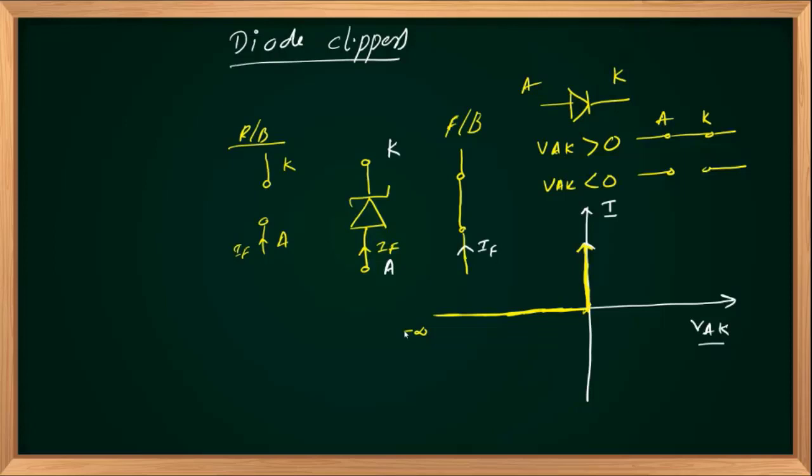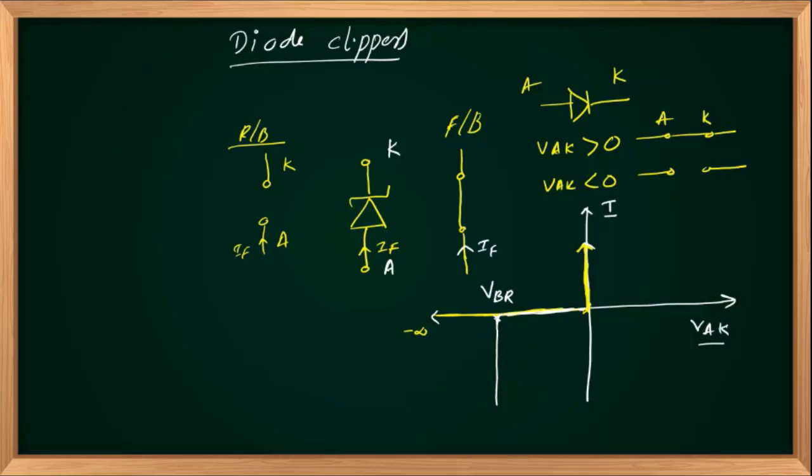Even then, your ideal normal PN diode won't break down ideally, whereas your Zener diode will break down at some voltage on the negative x-axis. We will call that voltage VBR, B for breakdown, R for reverse. So reverse breakdown voltage VBR.